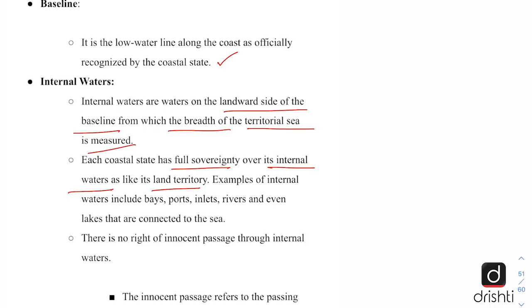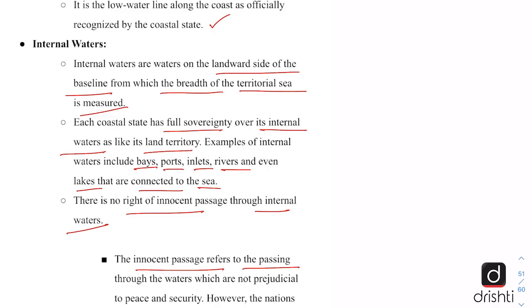Examples include bays, ports, inlets, rivers, and even lakes that are connected to the sea. Also, one important thing is there is no right of innocent passage through internal waters. Innocent passage refers to passing through the waters which are not prejudicial to peace and security. However, the nations have the right to suspend the same.